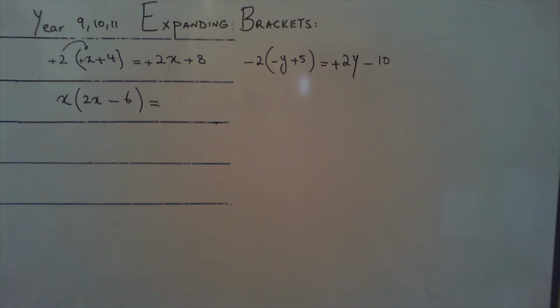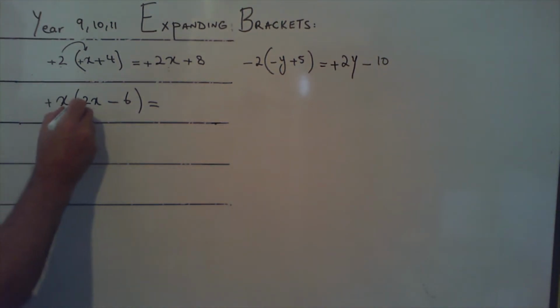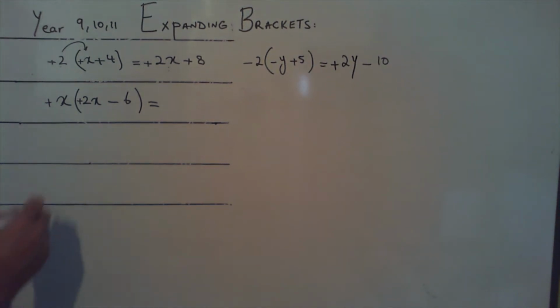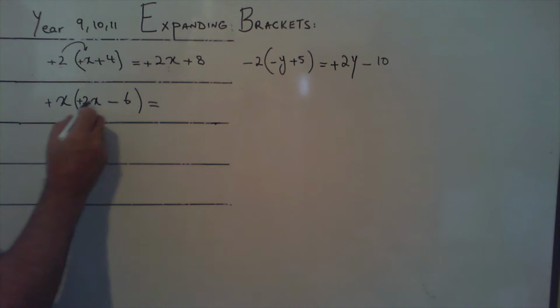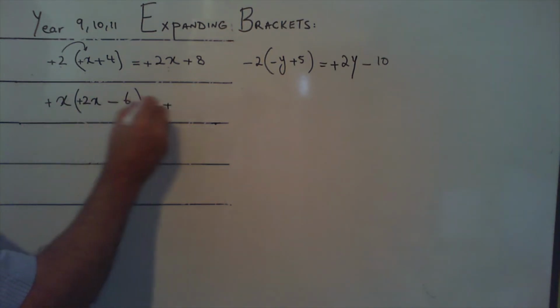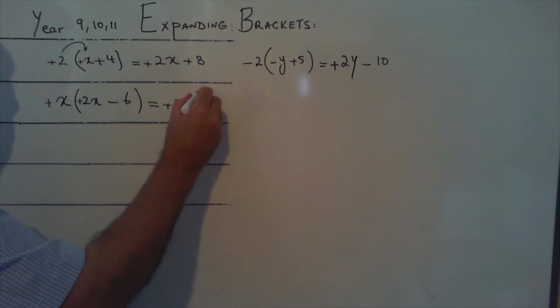As you know, in mathematics we don't write the sign of the first term, so this is a plus and this is a plus. As always, we multiply the sign first. Plus times plus is plus. There's no number here, so 2 stays, and x times x will give you x squared.